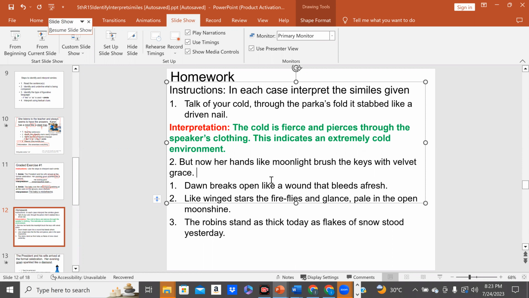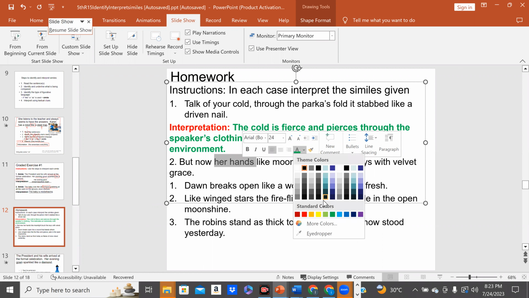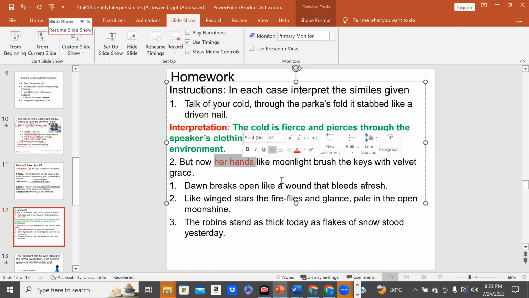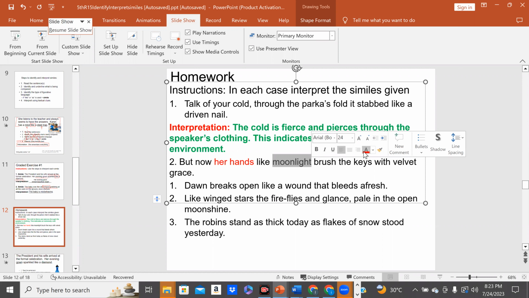What are the hands being compared to? It says her hands like moonlight. So her hands are being compared to what? Moonlight. Light. Okay.